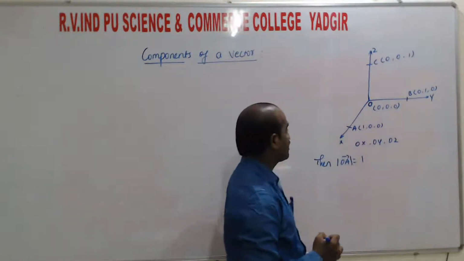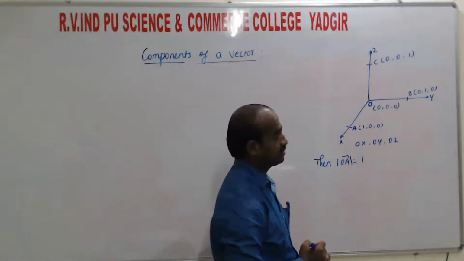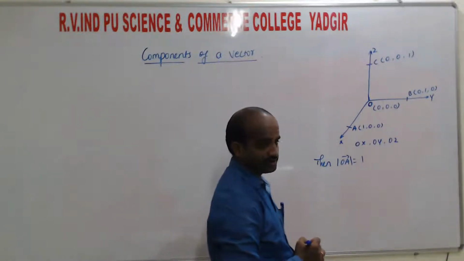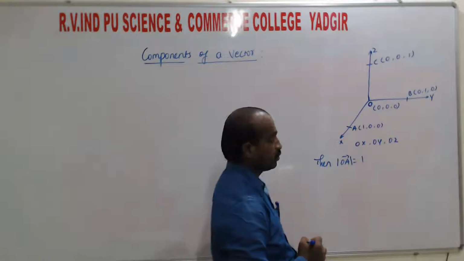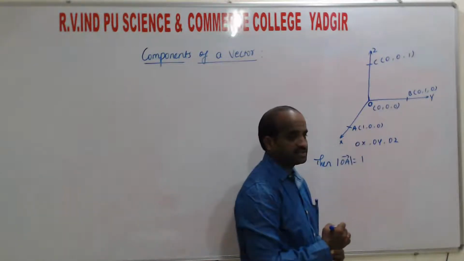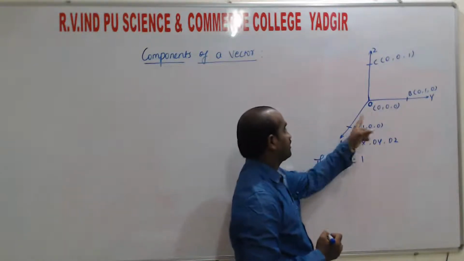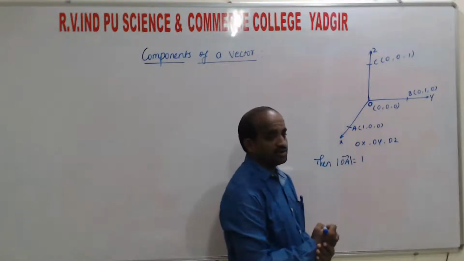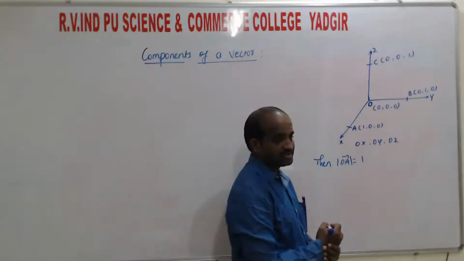I have already told you, the magnitude of OP vector, the position vector of a point with respect to the origin O, is the root of x square plus y square plus z square.